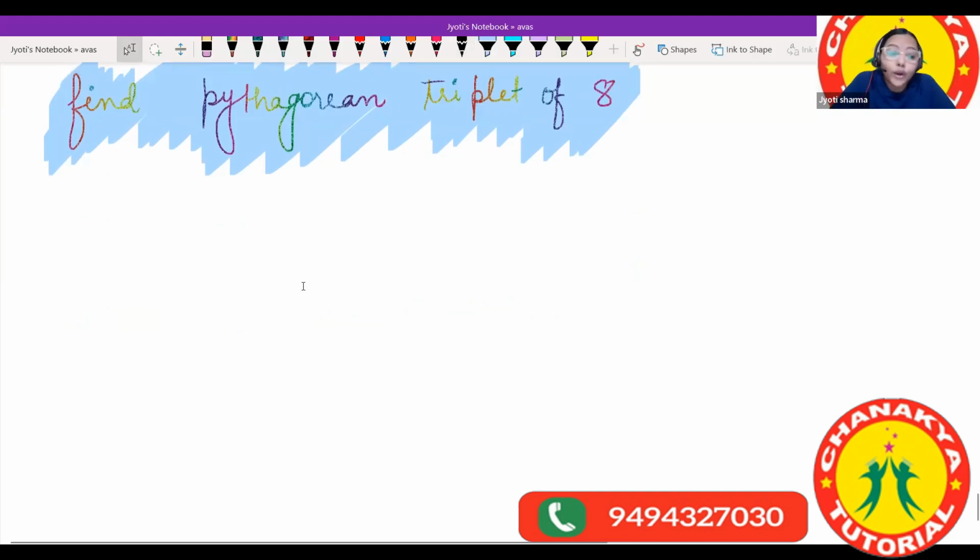If you want to find a Pythagorean triplet, if one number is given and I say find the Pythagorean triplet, then for any given number, how do you find it? (2m) square plus (m square minus 1) whole square is equal to (m square plus 1) whole square.